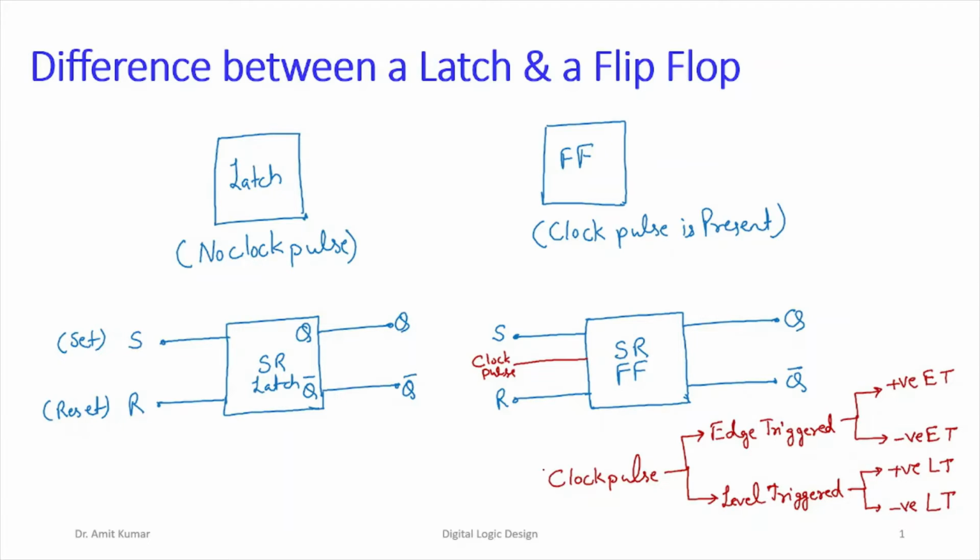So depending upon the type of clock pulse applied to a flip-flop circuit, we define the circuit in accordance with it. For a positive edge triggered clock we call it a positive edge triggered flip-flop, for a negative edge triggered clock we call it a negative edge triggered flip-flop, and so on and so forth.